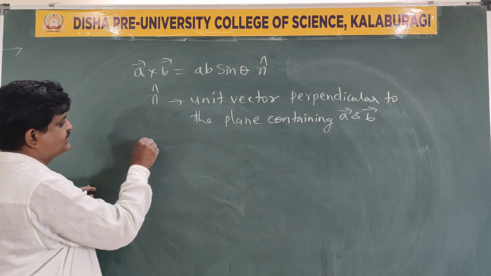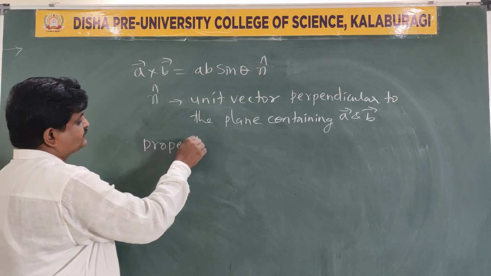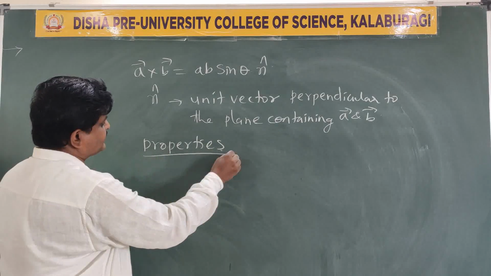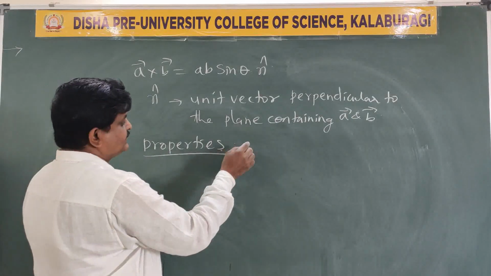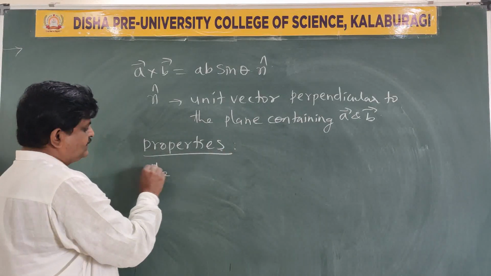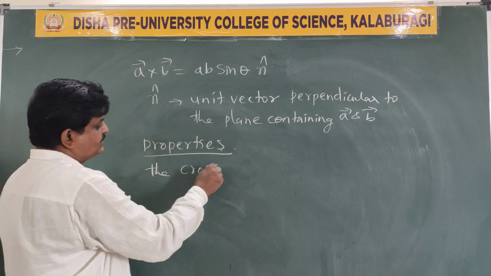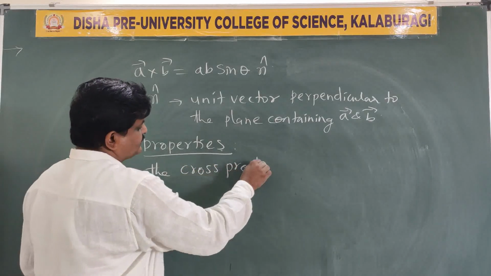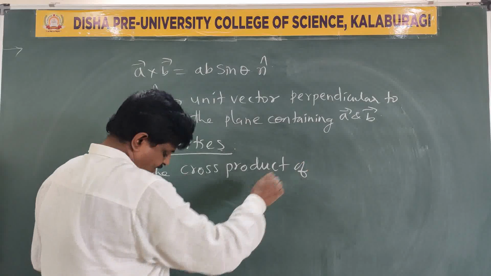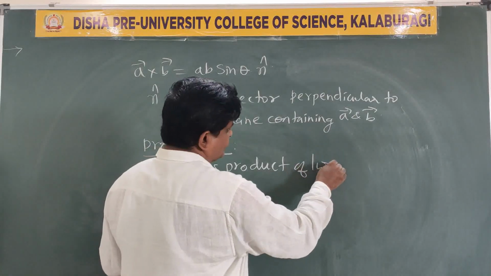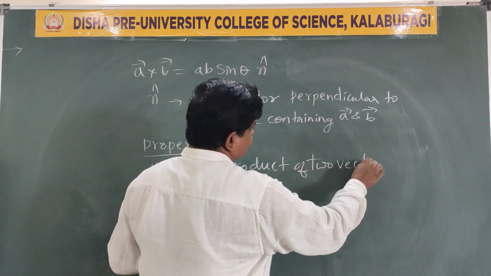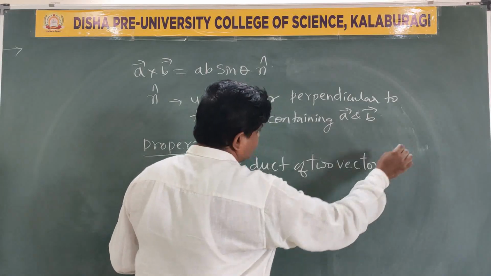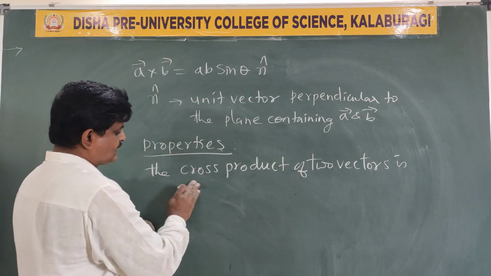Now the properties we will list out. First one: as usual, the cross product of two vectors is a vector.